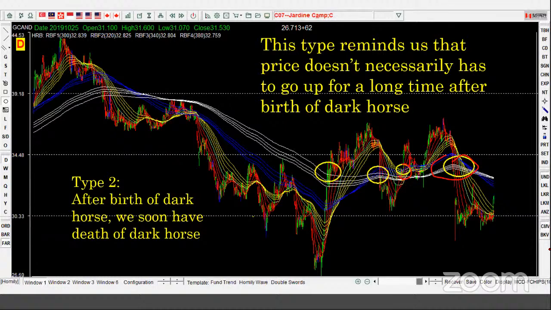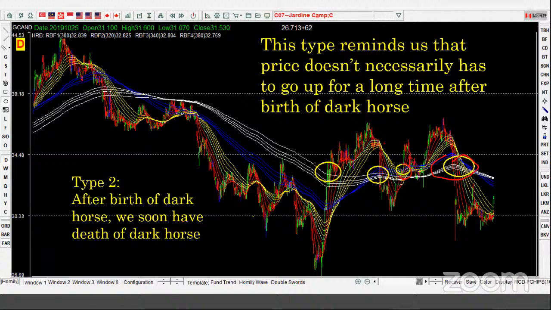This reminds you that birth of the horse doesn't mean 100% success rate. It doesn't mean after birth of the horse you buy, the price must go up for long term in uptrend. It might fail. So after birth of the horse, we may have the death of the horse.